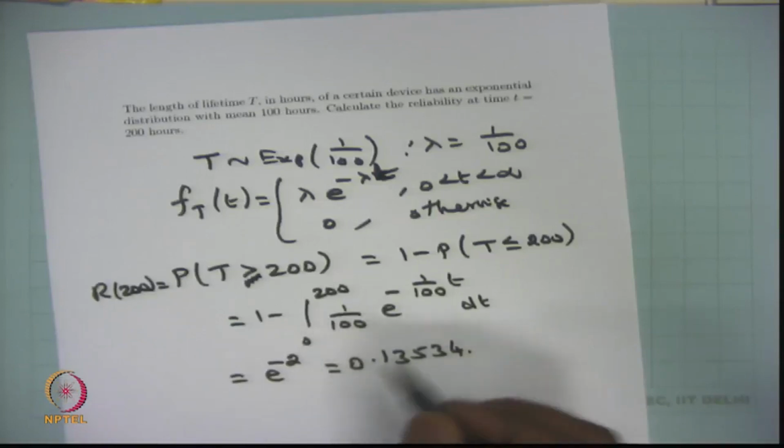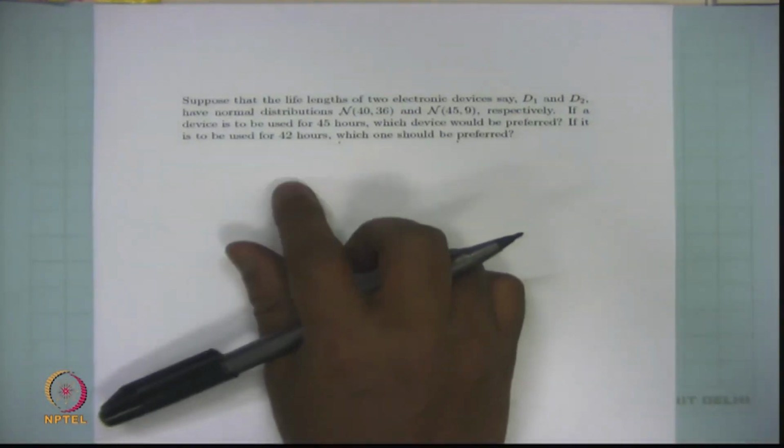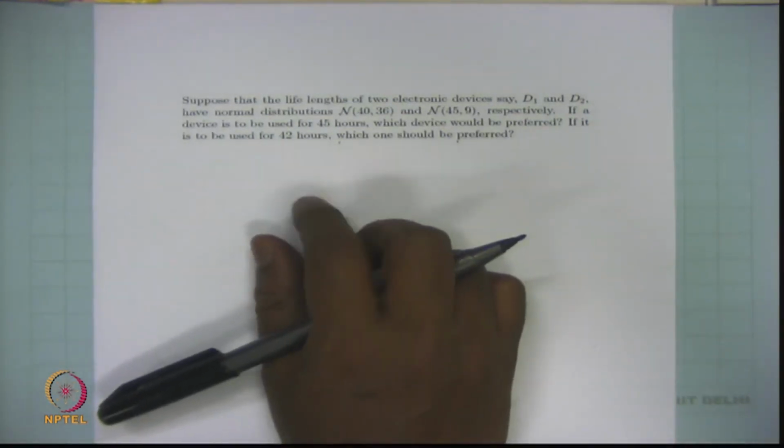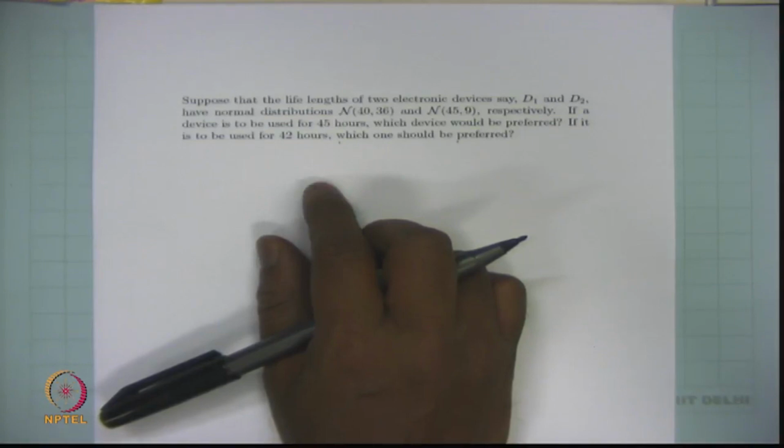Like this you can create many more problems with this setup and solve them. Now, we will move into the next problem. Suppose that the life lengths of two electronic devices, say D1 and D2, have normal distributions. I am using the notation capital N for a normal distribution.